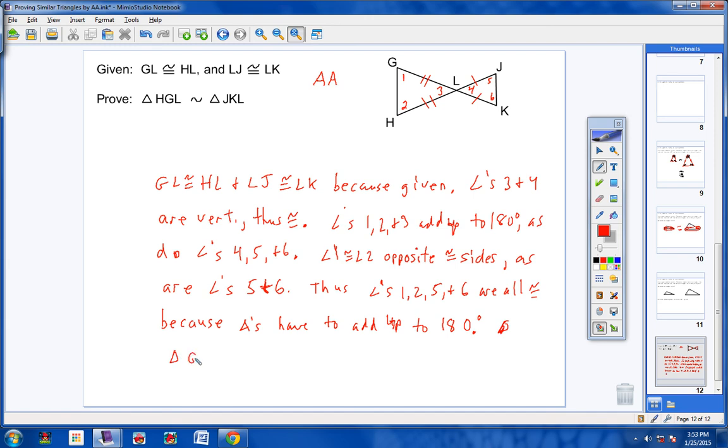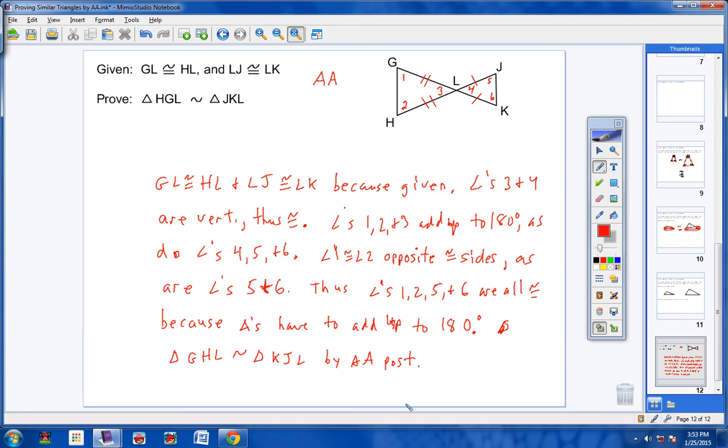Triangle GHL is similar to triangle KJL by the angle postulate. And that's it. Now I hope this has made sense.